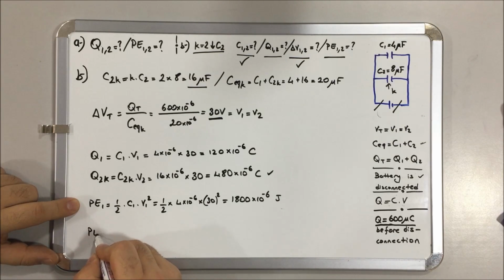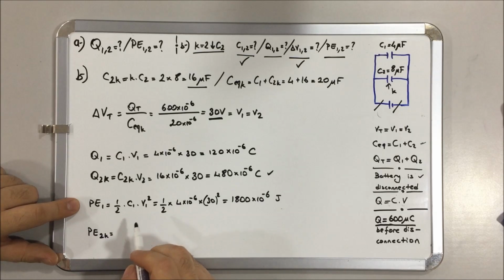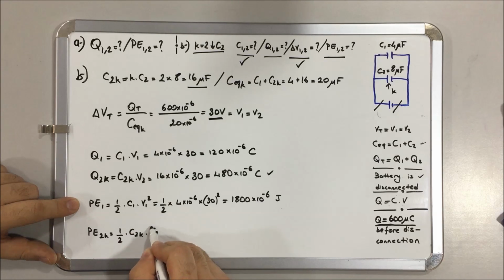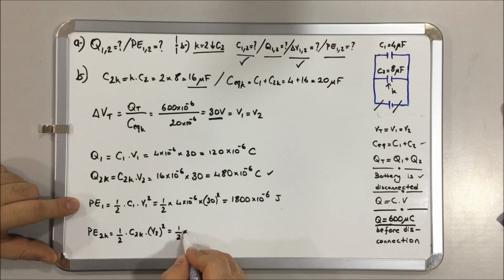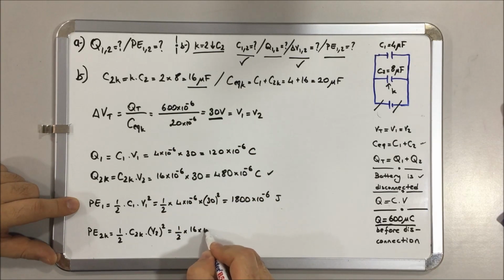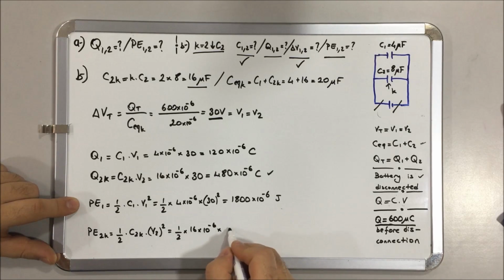And the stored energy of the second one, but we inserted the dielectric, so we can write a K there to indicate that: half times C2K times V2 squared is equal to half times C2K, which we calculated as 16 times 10 to the power of negative 6, times V2, which is 30 because it's a parallel combination.